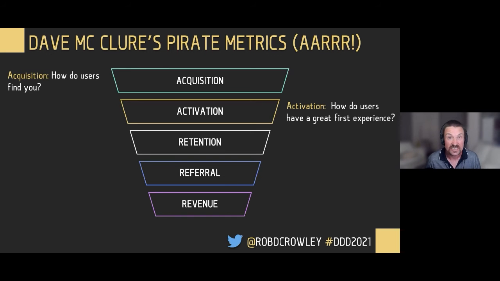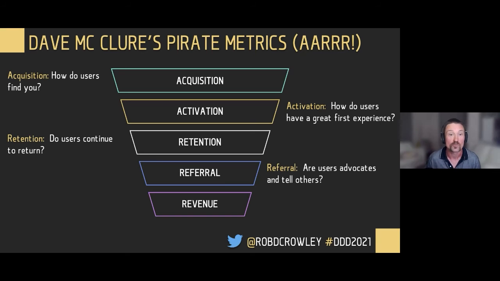At activation, how do you ensure they have a great first experience? Then at retention, it's, well, after that first experience, do they continue to come back? Do you build loyalty? Once you have loyalty with one customer, then how do they become advocates and tell others? And then finally, how do you make money from them?